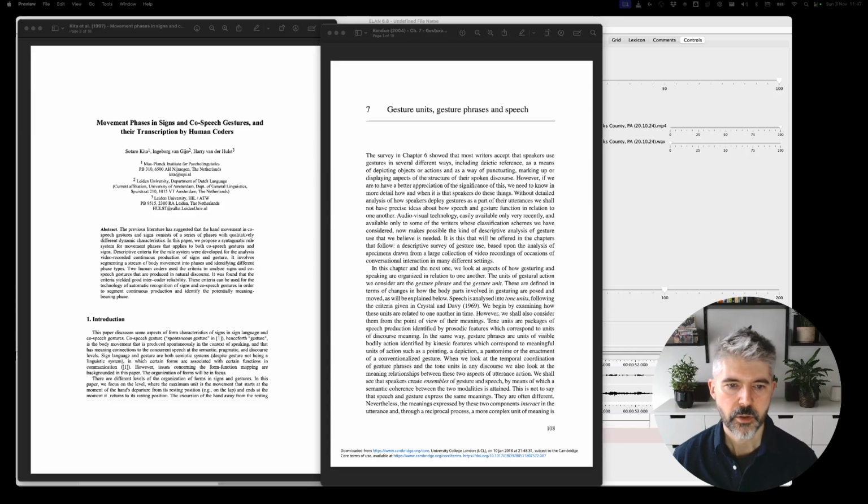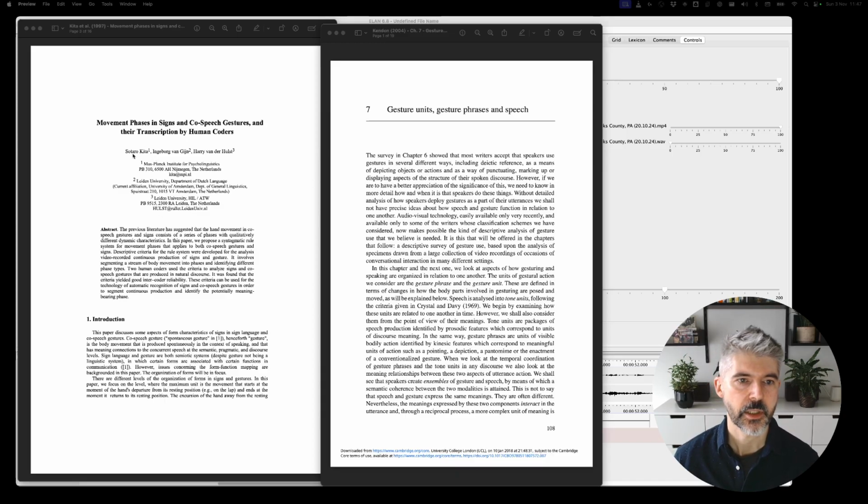So these are called movement phases or gesture phases, and they're characteristic of manual gestures, signs in sign languages, and also instrumental manual actions. So we'll learn how to recognize these by looking at some examples in just a moment, but I first want to show you a couple of papers that you can use to learn more about gesture phases.